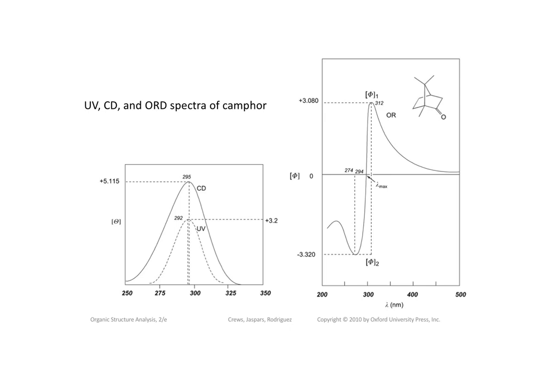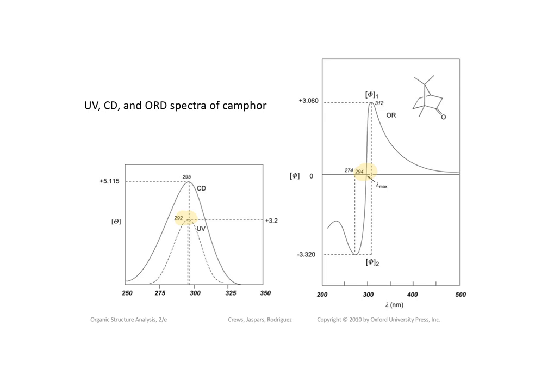This diagram shows the ultraviolet and optical rotatory dispersion spectra of camphor. At the lambda max, around 292 to 294 nanometers, the optical rotation is 0.